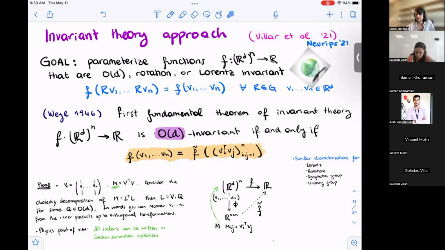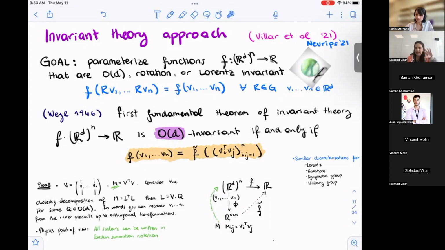So basically, I just start with these n vectors in R^d. I construct my features that are going to be n squared inner products, and any function that is invariant factors through this feature map. This is what the fundamental theorem of invariant functions for O(d) tells you.